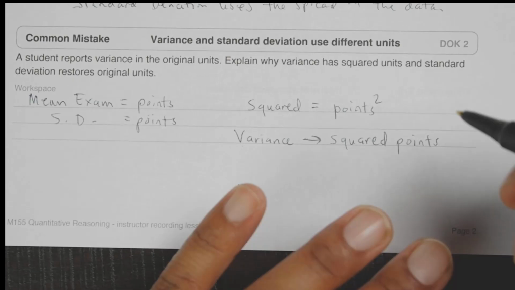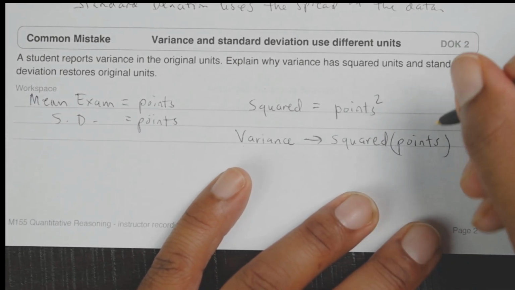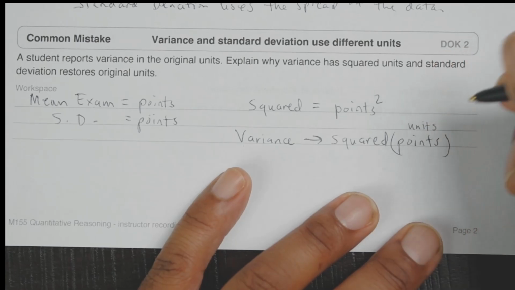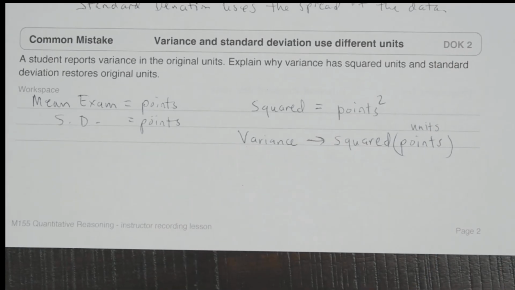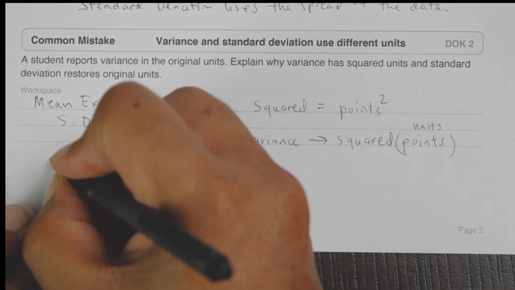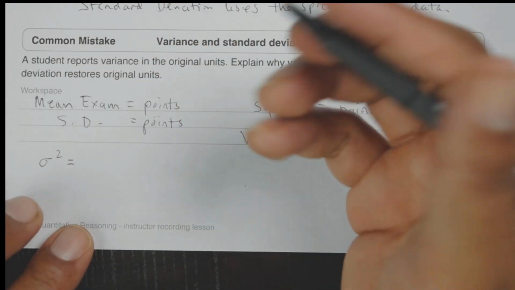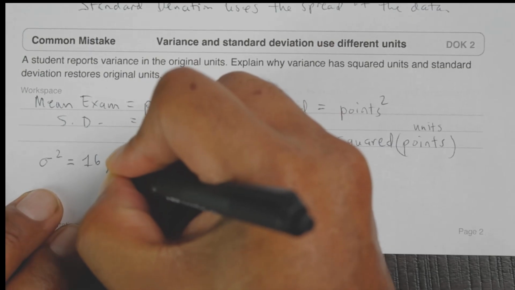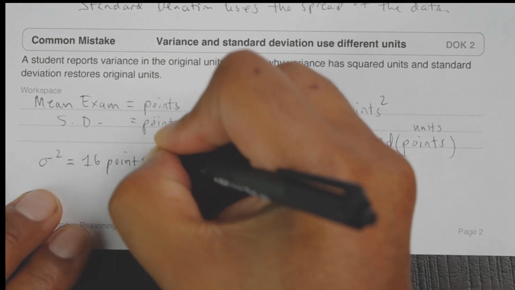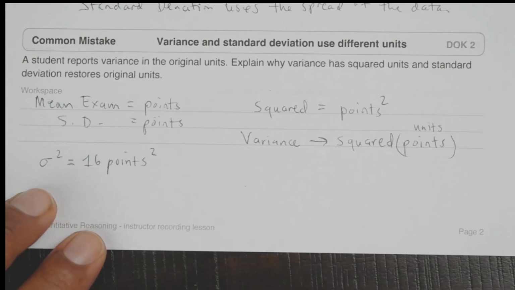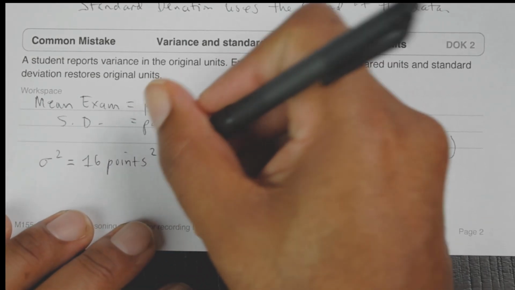Or we'll say squared units, because the points in this case would be the units. Now, let's just say variance is 16 points squared, right?